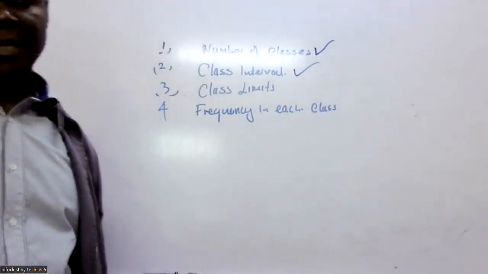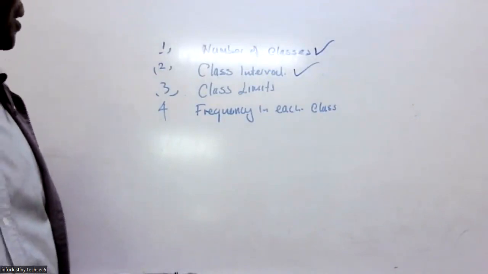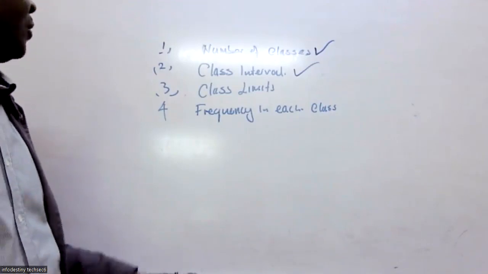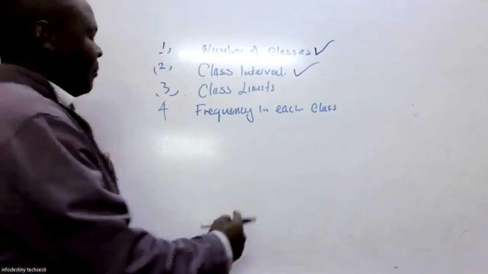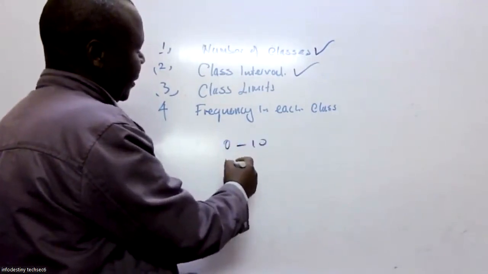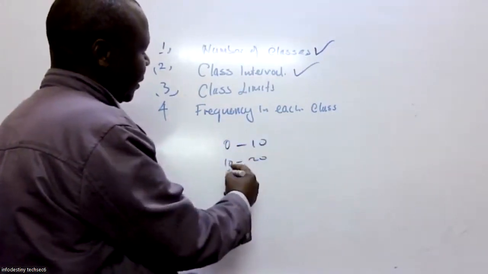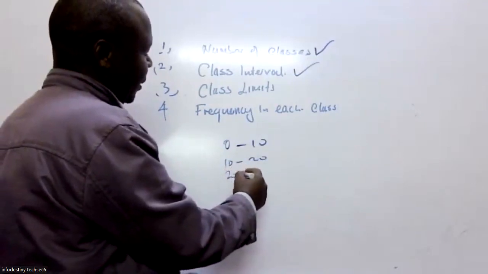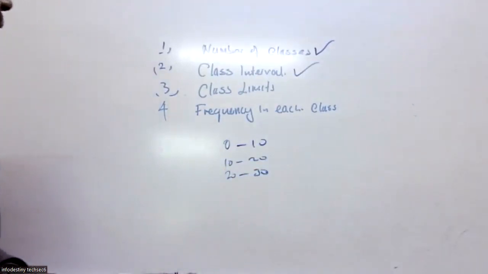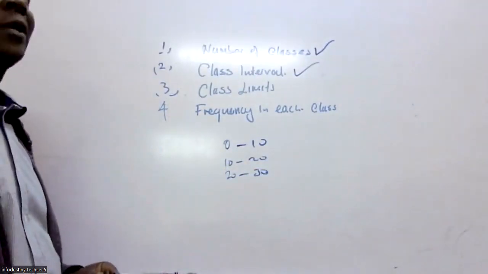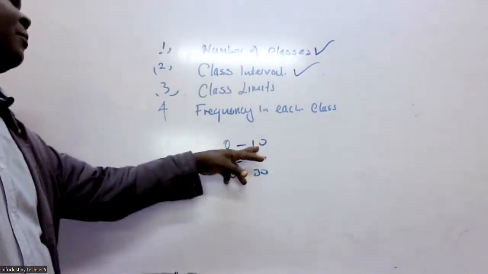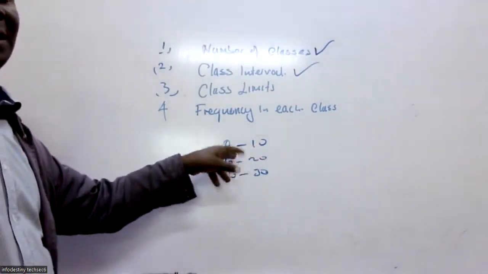When we talk about class intervals, for example, 0 to 10, 10 to 20, 20 to 30, we can have the class limits. At the same time, the class interval is the difference between these limits.